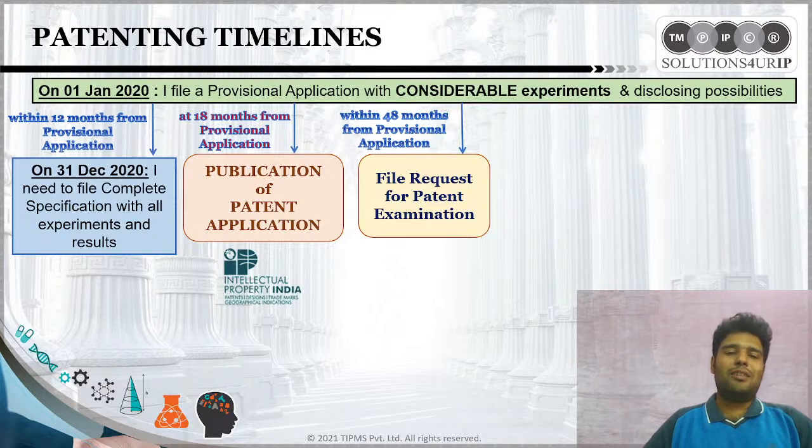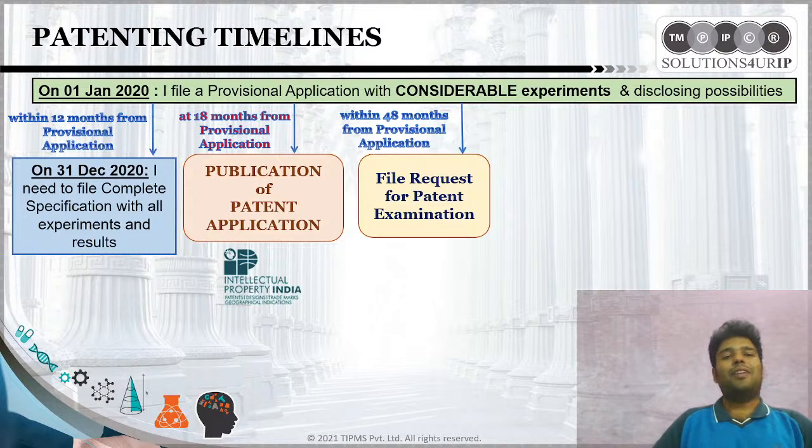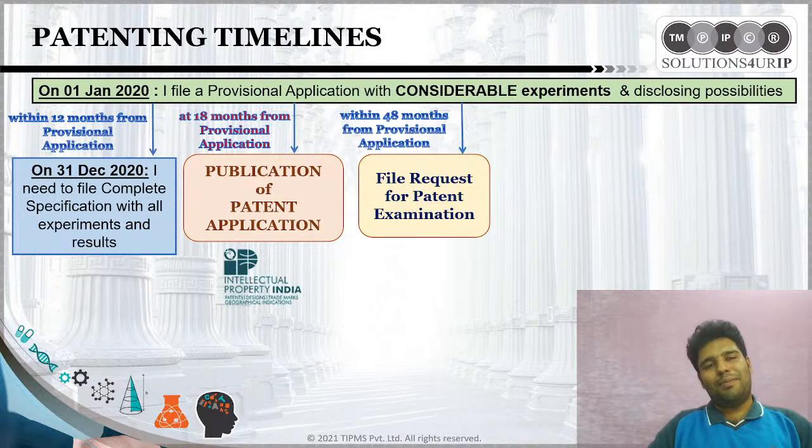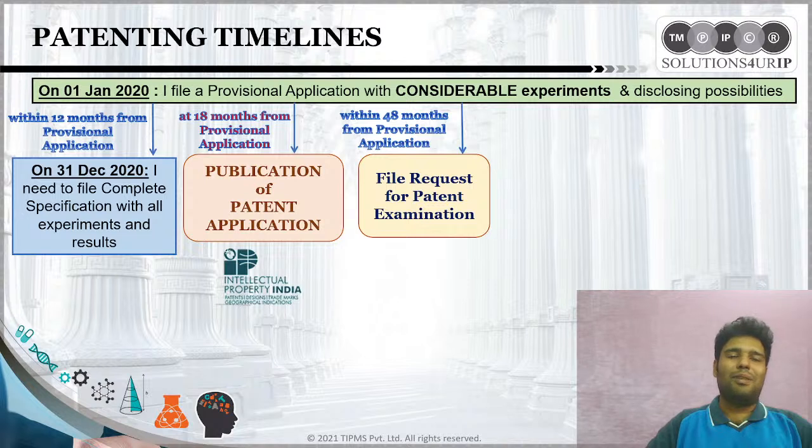Publication of patent application: there is no form mandatorily required for getting a patent application published. But when you want your patent to be published earlier than this 18 months period, in those cases you file form 9. Be very careful: in form 9, don't write request for early publication.